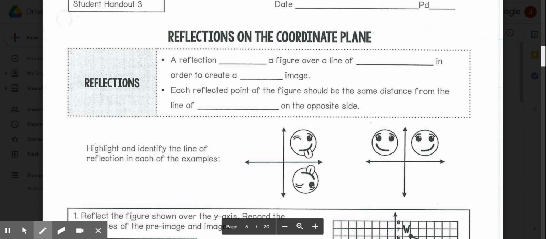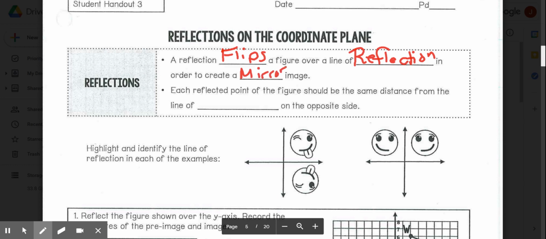So like I said, we should all now be on this page of your packet titled Reflections on the Coordinate Plane. This is the third page in your notes. So first we're going to talk about what a reflection is and what it does. A reflection, our keyword here is flips. It flips a figure over a line of reflection in order to create a mirror image.